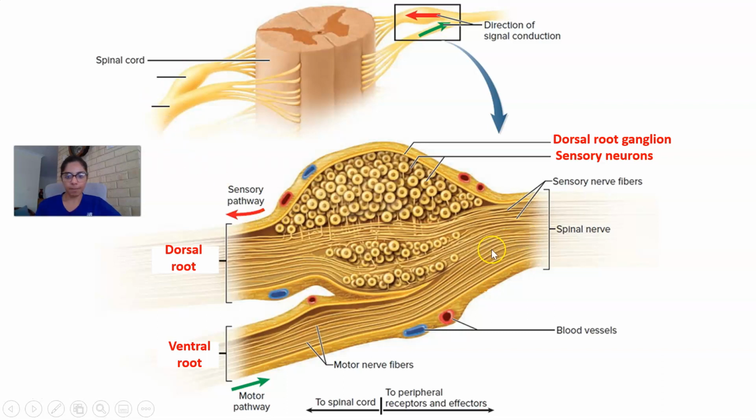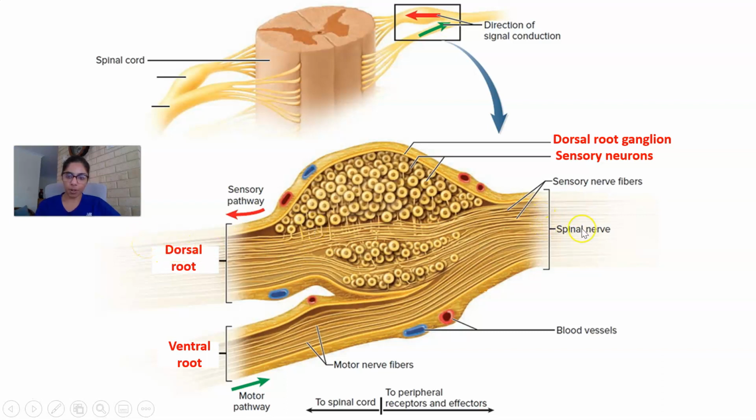What you can see is the spinal nerve is coming into the central nervous system. This kind of branches off like a fork in the road. So the top region, we have the cell bodies of the sensory neurons in that ganglion. They are outside of the central nervous system, and those nerves feed into the top portion of the spinal cord.